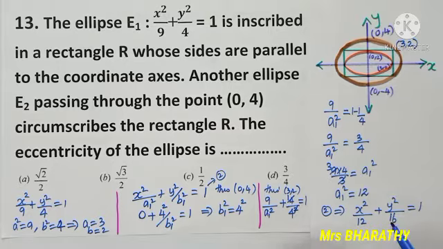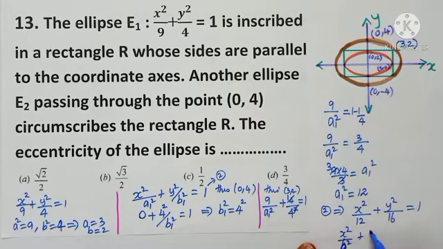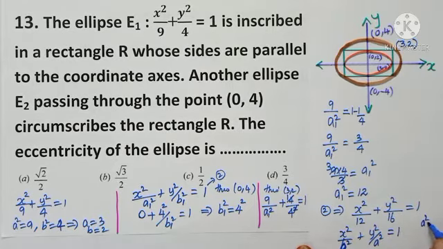Just by comparing with the general equation of ellipse, the bigger number I take as a square, the smaller number I take as b square. So we get x square by b square plus y square by a square equals 1, or I will say a square is 16 and b square is 12.